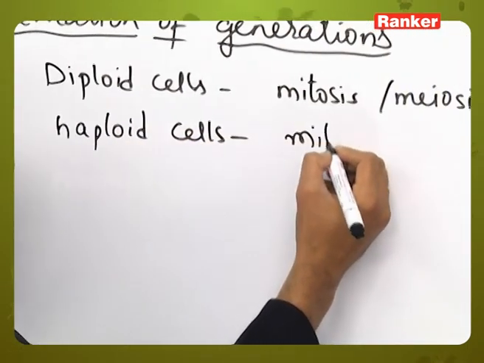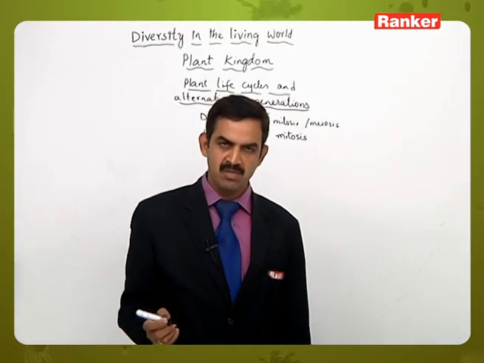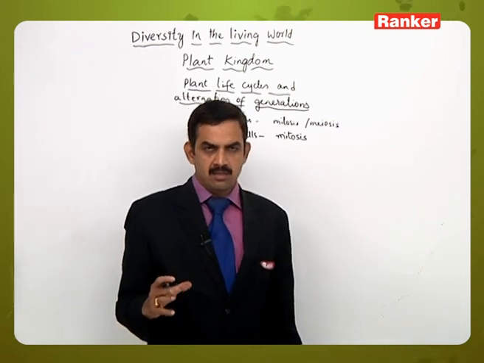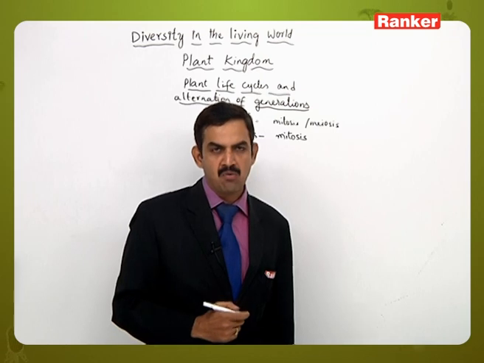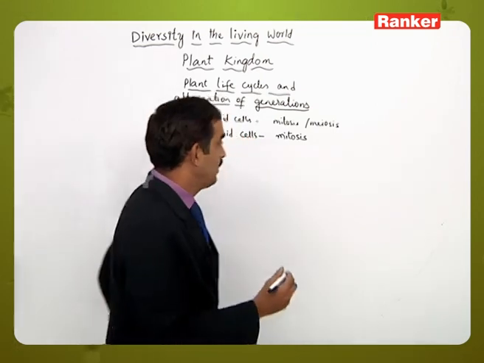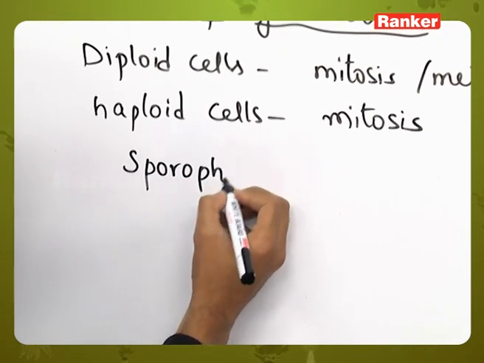Generally, the haploid cells will participate only in the mitotic type of division. So here, the two types of divisions take place in the course of the life processes of all the plants, in which we can see the presence of two generations in some of them.